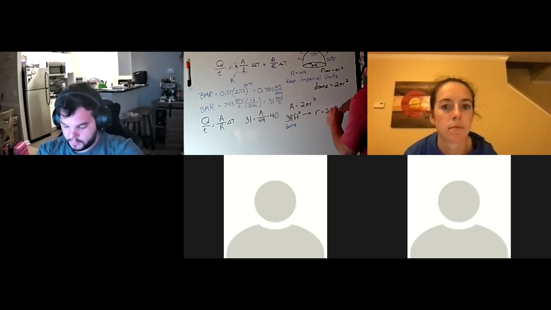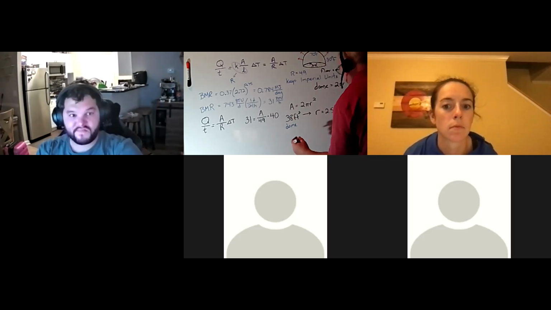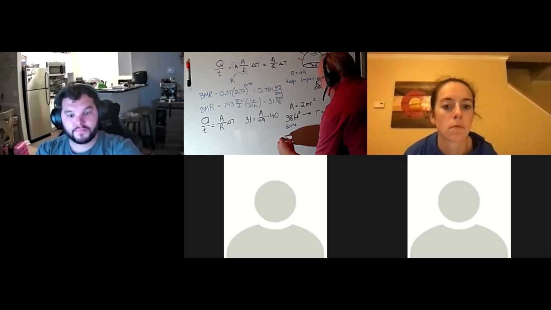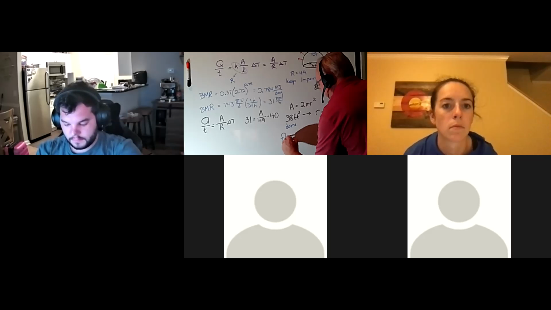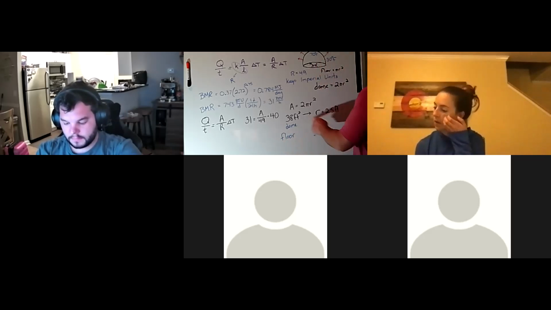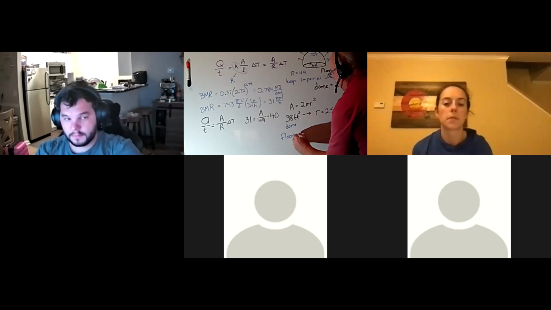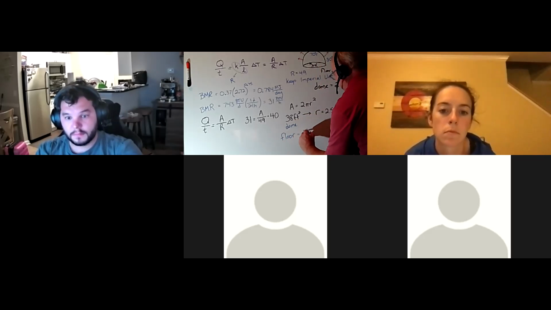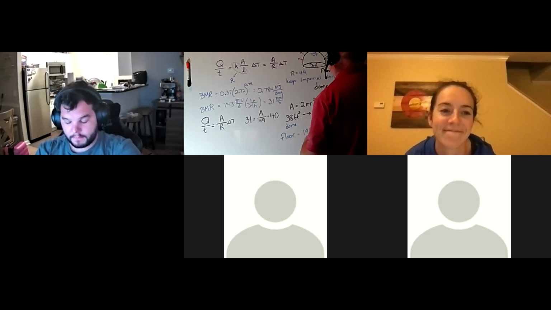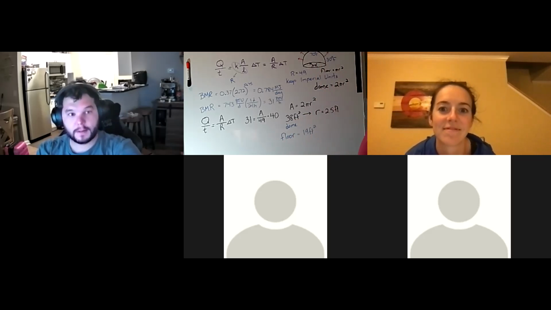And that's the radius. So the diameter is 5 feet. That's actually a pretty reasonable amount of space for this eminence. And then the floor area would just be half of what this is. So the little guy is going to have 19 square feet to prance around in. And that sounds reasonable.